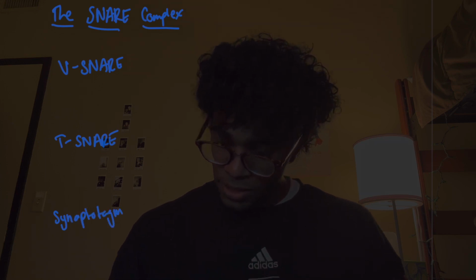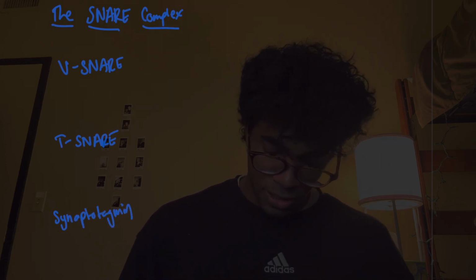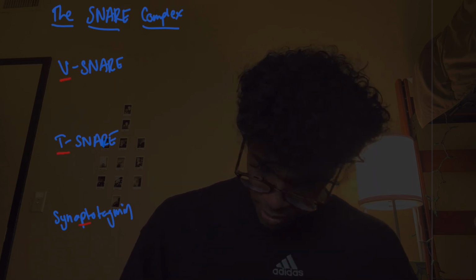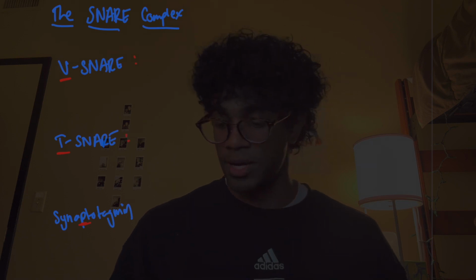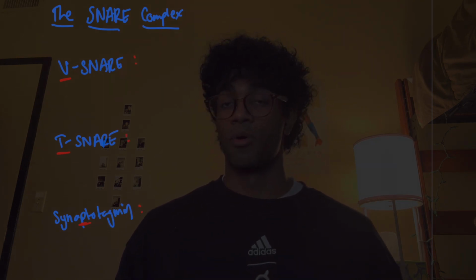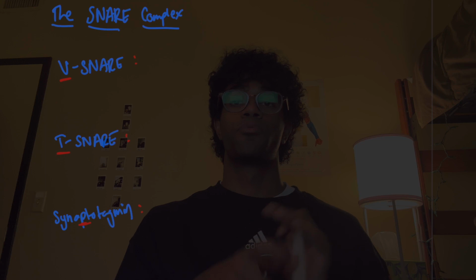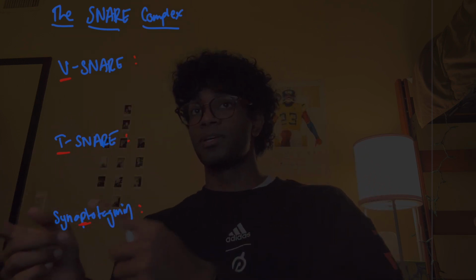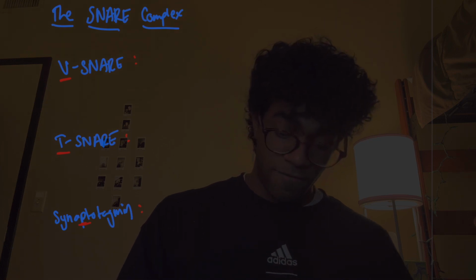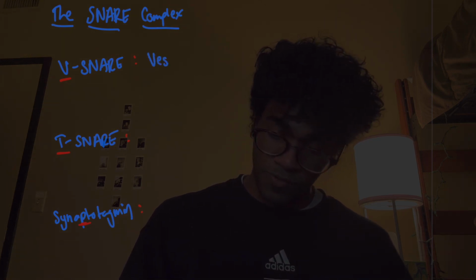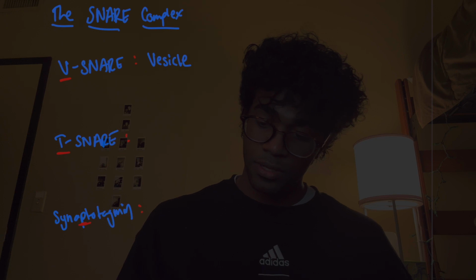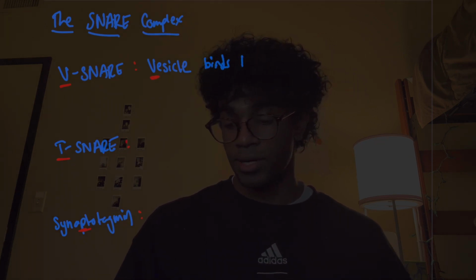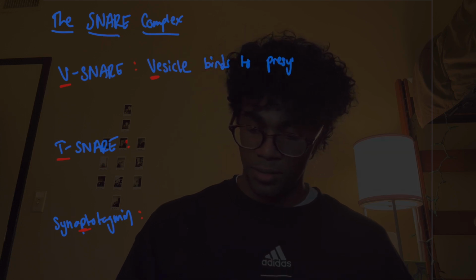I'm about to highlight or underline a letter in each of these so it helps everyone remember the function for each one. So the V-SNARE is responsible for having our vesicle attached to our presynaptic membrane before it goes and fuses into our postsynaptic cell. So vesicle, this is where the V comes in. The vesicle binds to presynaptic membrane.